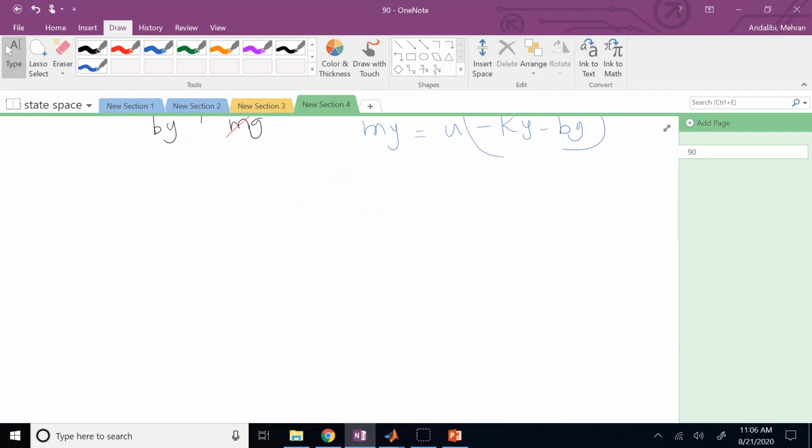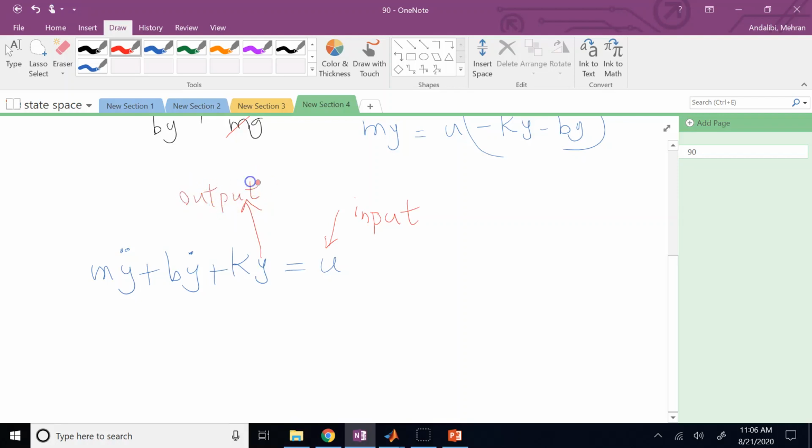So here what I have is m y double dot plus b y dot plus k times y is equal to u. And I know u is the input to the system and y is the output of the system. So first I need some state variables. How many? As many as the order of the ODE, which is 2.